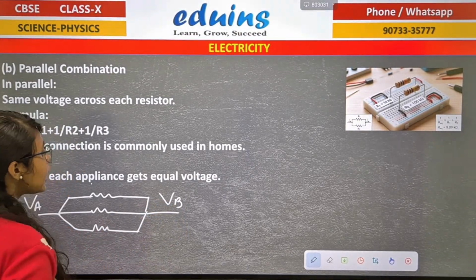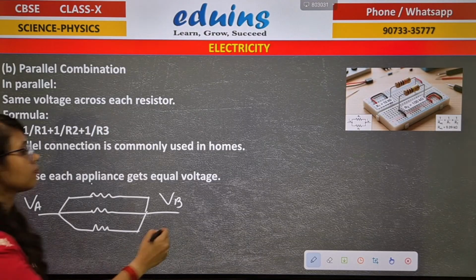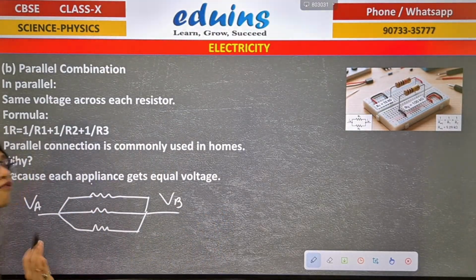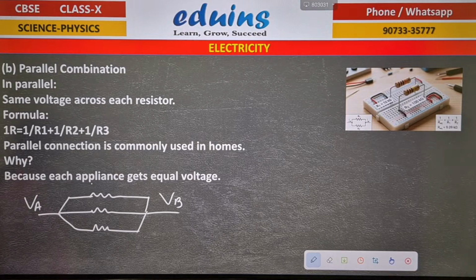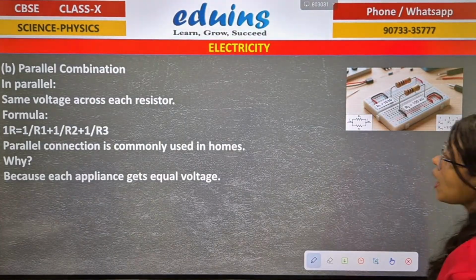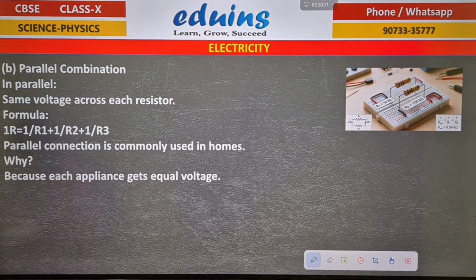That's why they can illuminate or work at their highest power. So that's why we commonly use the parallel combination in our household circuits. So this is the equivalent resistance part.